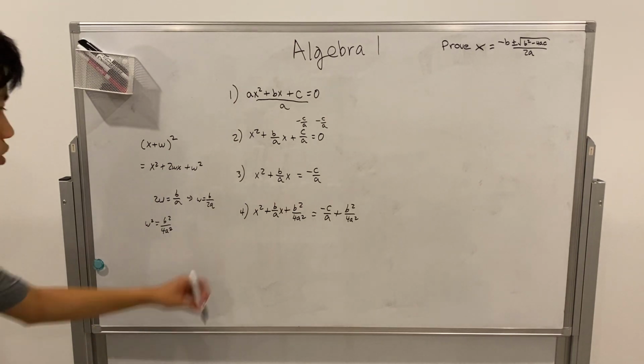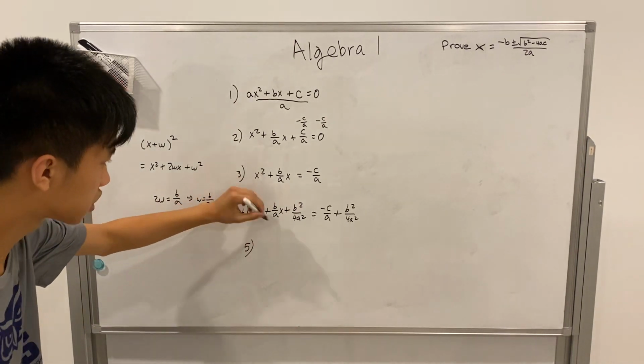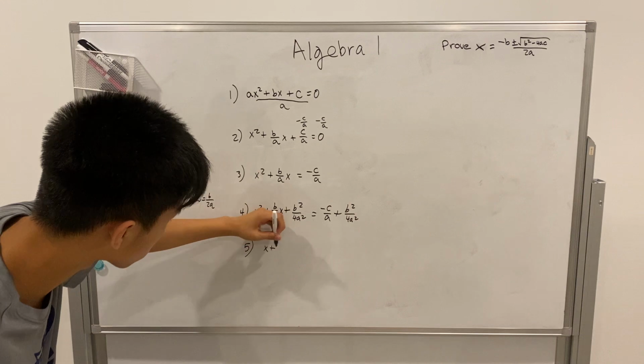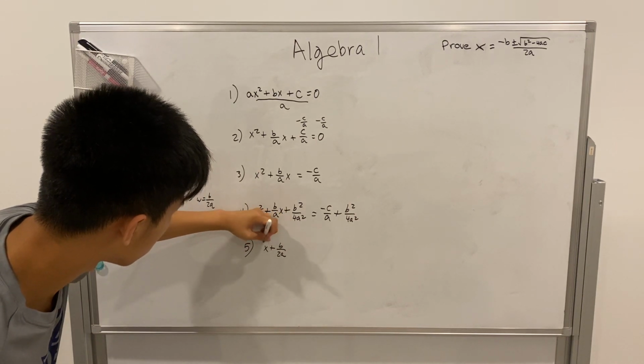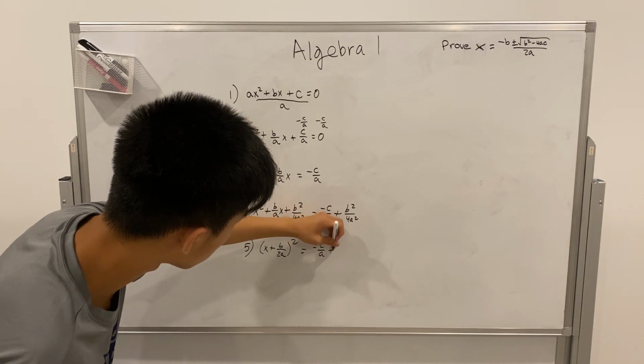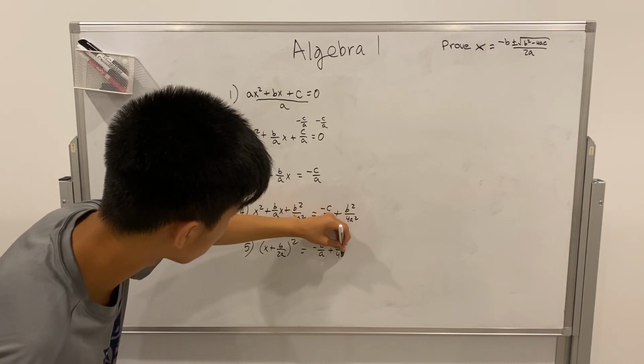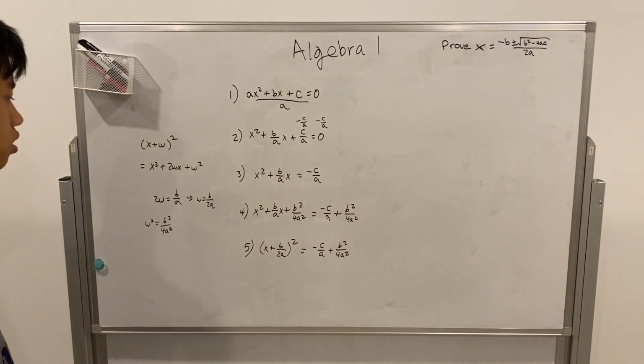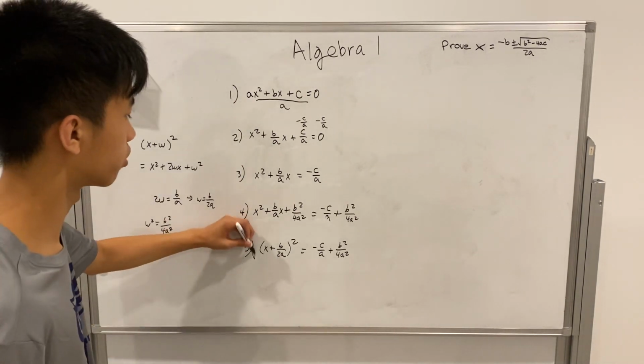Now we can factor the left side of step 4 into a perfect square. And then we can take the square root of step 5.